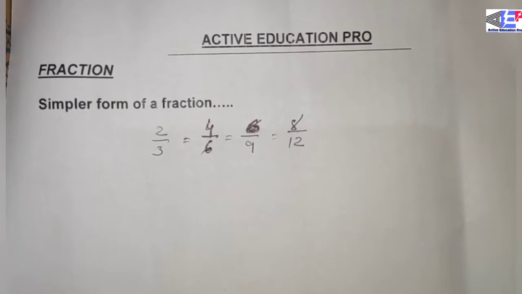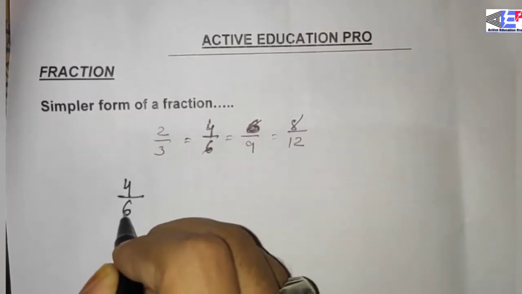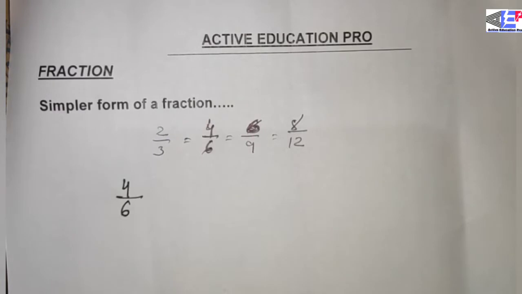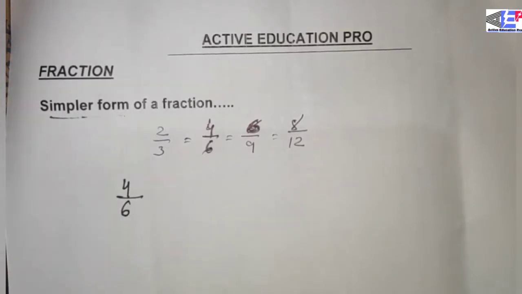Now our topic in this video is the simpler form of a fraction. Suppose there is a question to find the simpler form of the proper fraction 4 by 6. Look at the numerator and denominator and find a table in which both numbers are present.